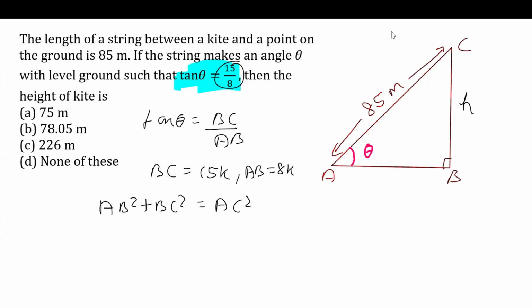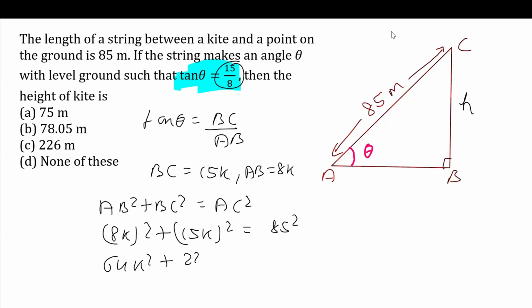So 8K square plus 15K square equals 85 square. 8 square is 64, so 64K square plus 225K square gives 289, if you remember the Pythagorean triplet. So 289K square is equal to 85 square.